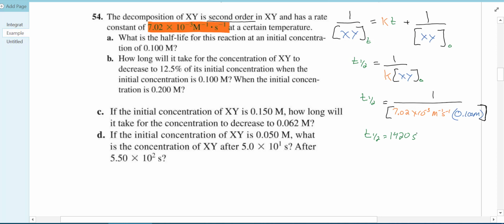Now, B is the same question we had in the last one. We're at 12.5%. So that's actually 3 half-lives. But I'm going to say danger, because each half-life is different in second order and zero order, right? They either get longer or shorter.